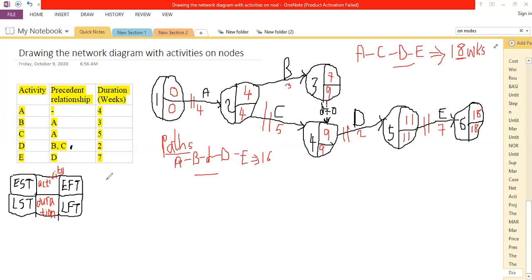So let's start as we draw our network. The activity starting off our project is activity A. Some people say that this method is difficult, but with practice, actually, it's even easier than what we have already done.